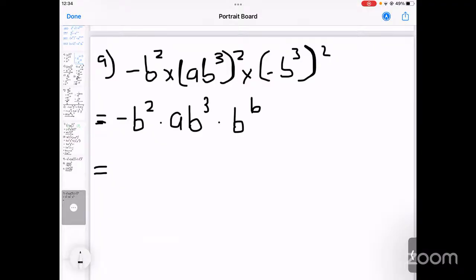So after that I wrote ab to the power of 3, times b to the power of 2, and I wrote b to the power of 6. Okay, next step.